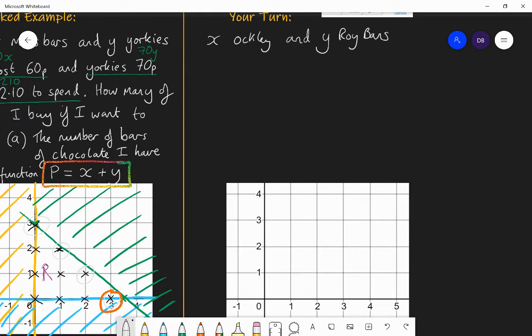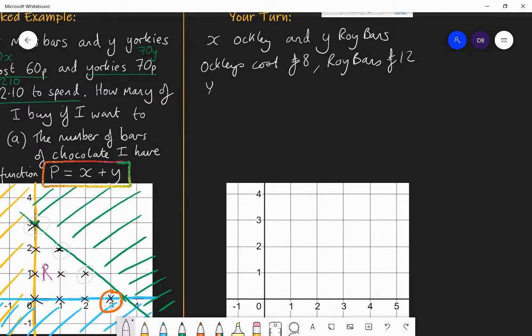So you go to a very disreputable market seller and buy them, and they're probably going to be falling apart before too long. So you buy X Oakleys and Y Ray-Bans. Oakleys cost £8 each. Great quality. Ray-Bans cost £12 each.